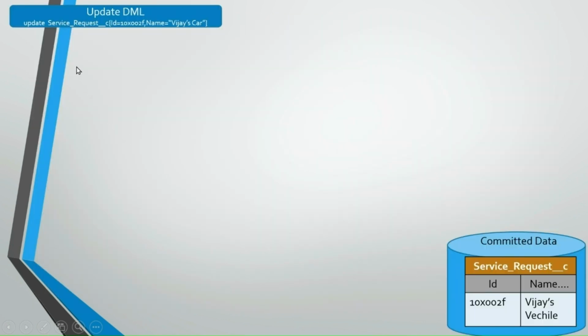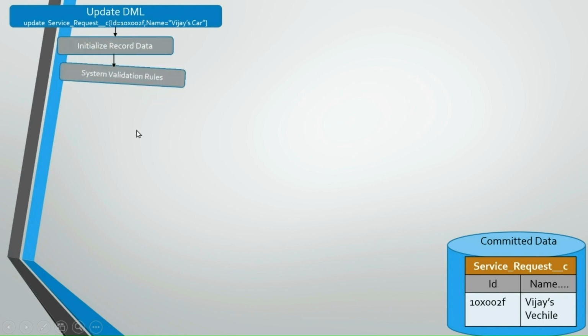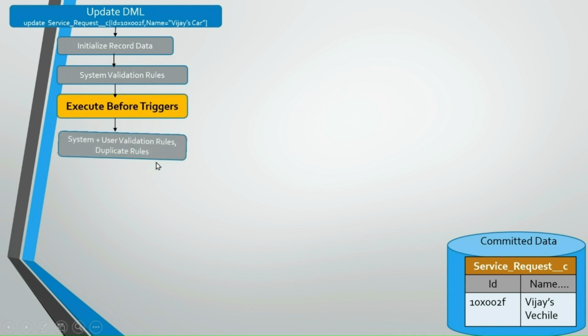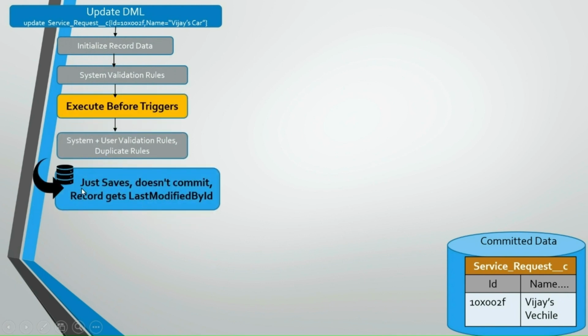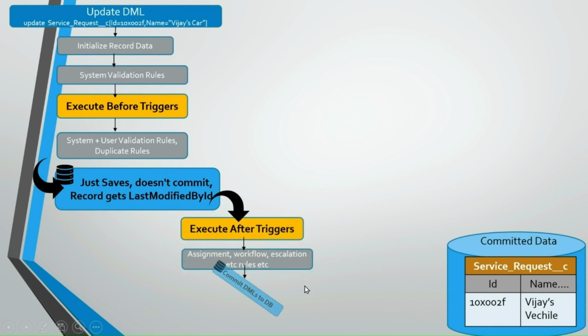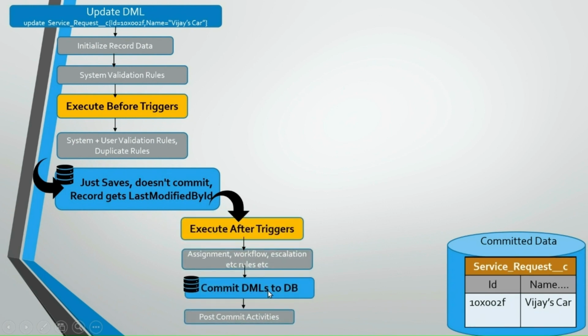For this, we will take the same example, where we are going to update the name of the service request from Vijay's vehicle to Vijay's car. As we have seen earlier, this transaction would get saved here, but you will not be able to see the change yet; you will see the change after commit. As we are discussing the after update trigger event, let us concentrate on this step only.